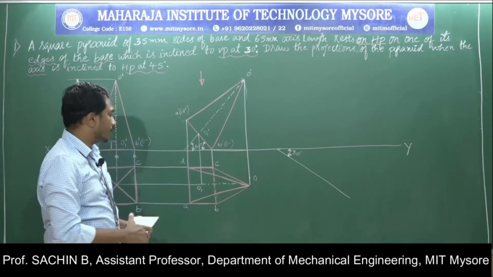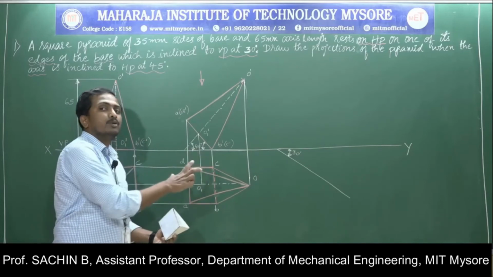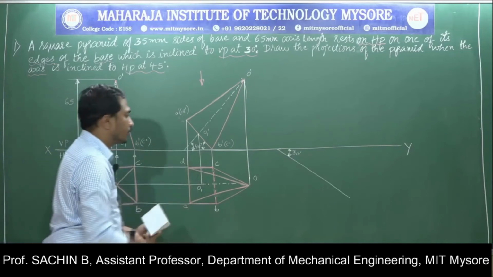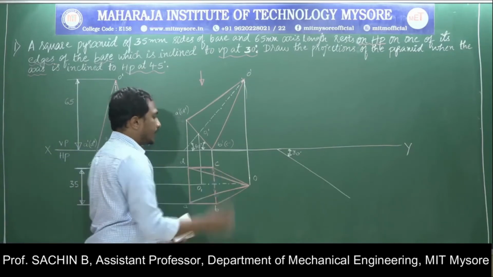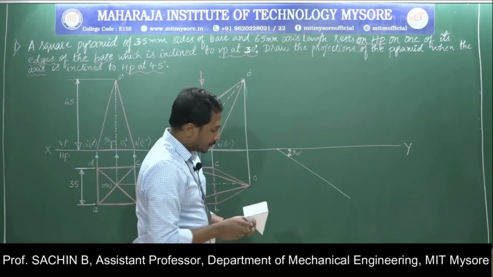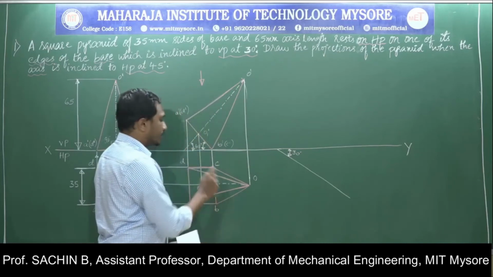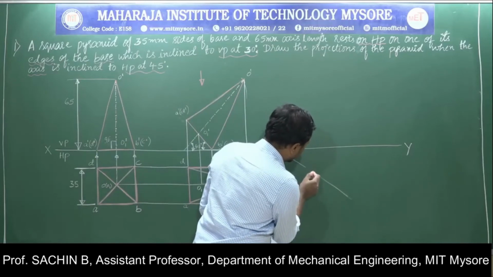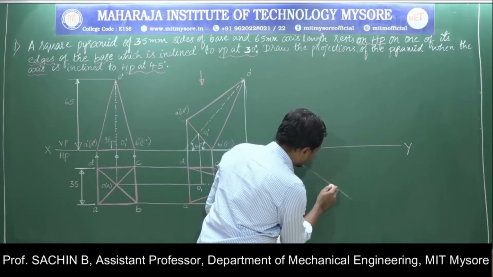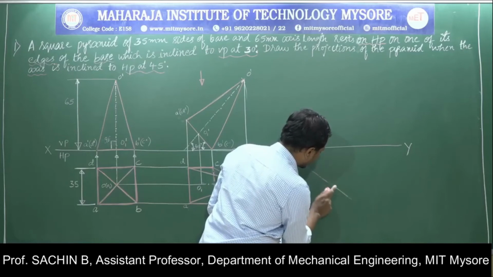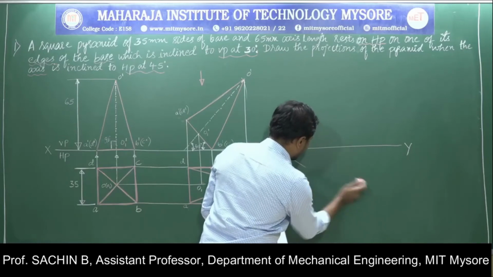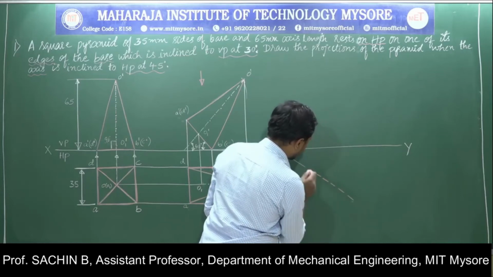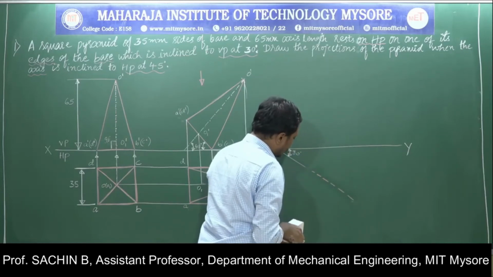Don't get confused. For that, I am rotating the second position object. I am not rotating the first position of the solid. I am rotating the second position of the solid. Now I will come to B and C. I will measure the B and C length.